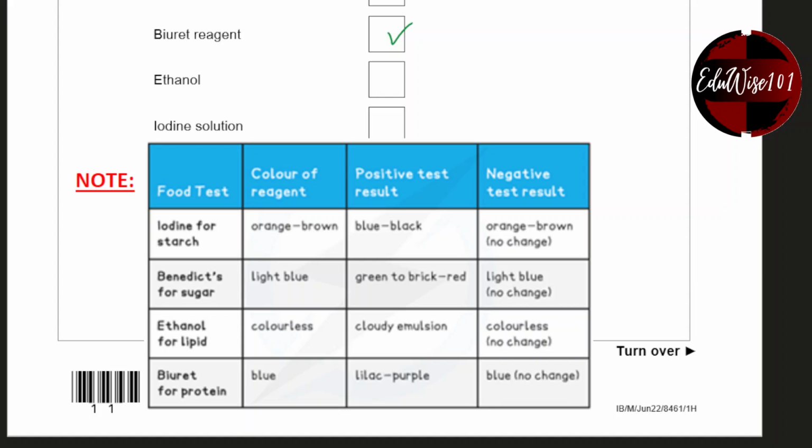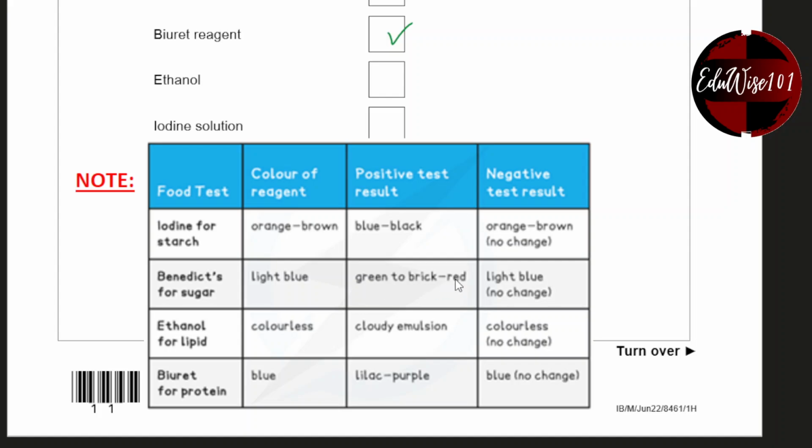When you test for starch, we use iodine. It starts off as orange-brown, which is the color of the iodine solution. A positive result will give you a blue-black solution. For a negative, there will be no color change. Benedict's is for sugar. The Benedict's solution is light blue, and depending on the concentration of the sugar, it can go from green to brick red.